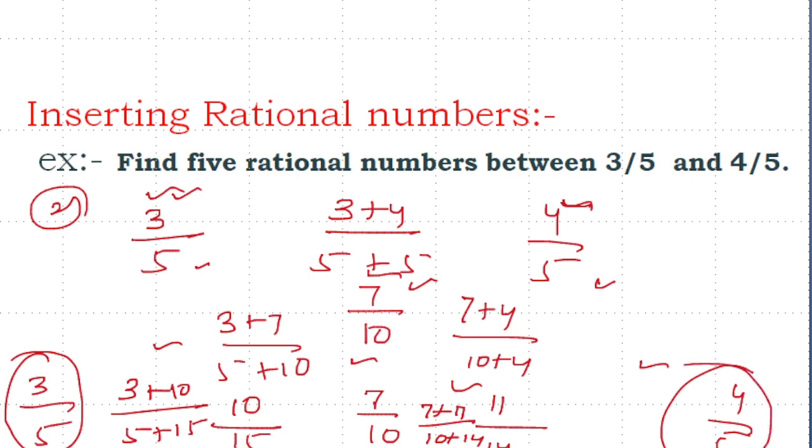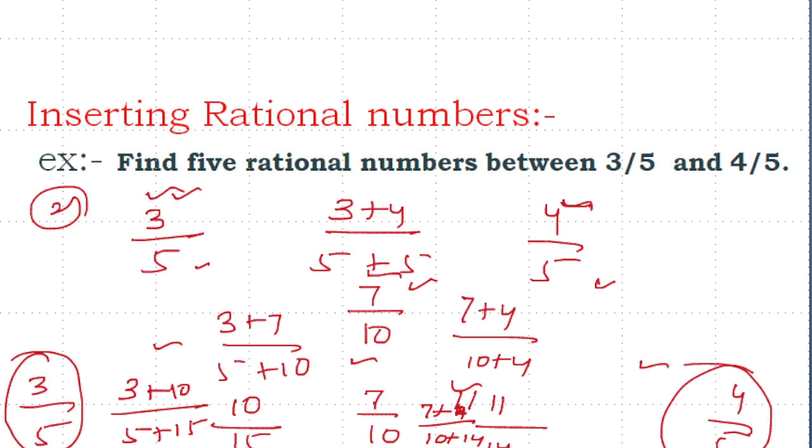So 13 by 20, 10 by 15, 7 by 10, and sorry, 7 plus 11 is 18, it is not 17 students. So 18 by 24, and 11 by 14, and 4 by 5. These both are the question.